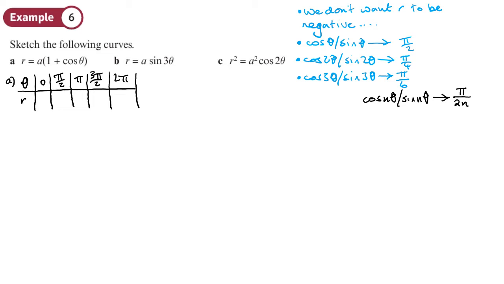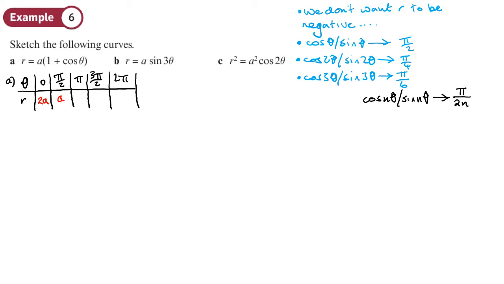So if I do 1 plus cos 0, I get 2, so that's going to mean basically 2a. If I do 1 plus cos pi over 2, then I get 1, so that's basically going to be a.